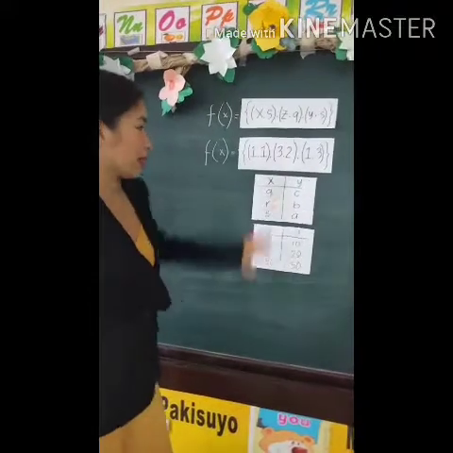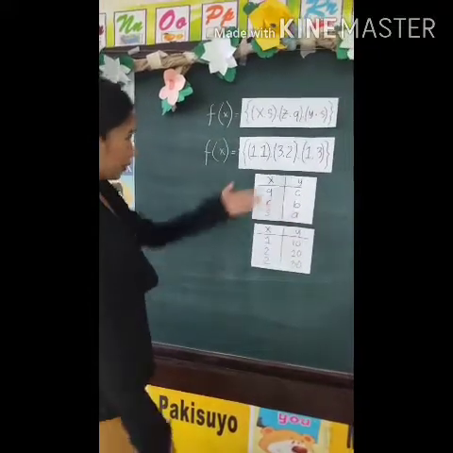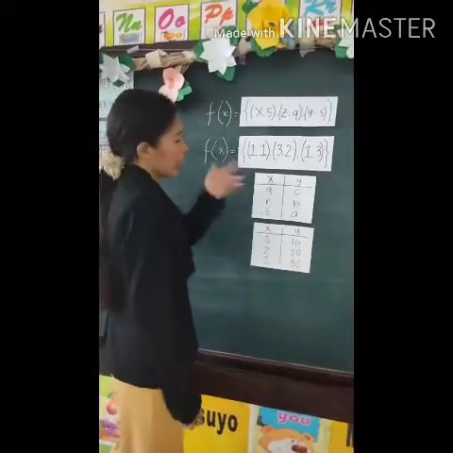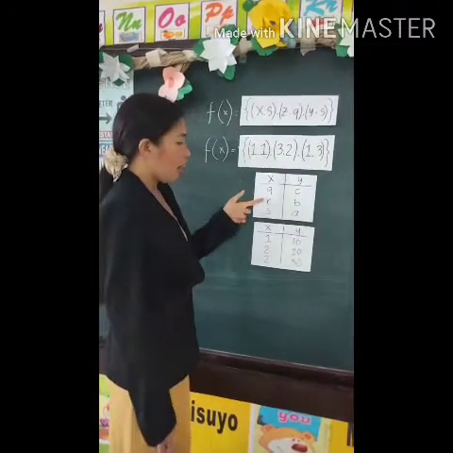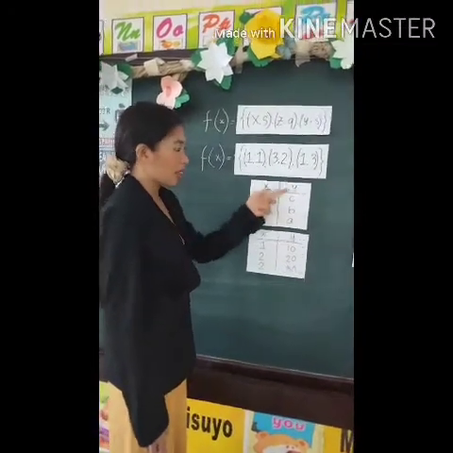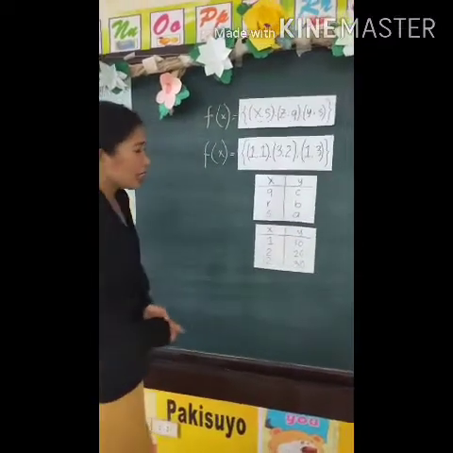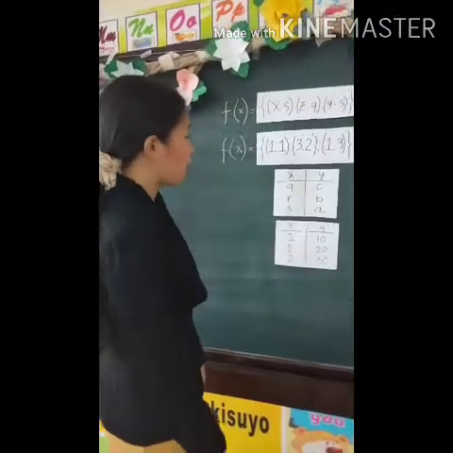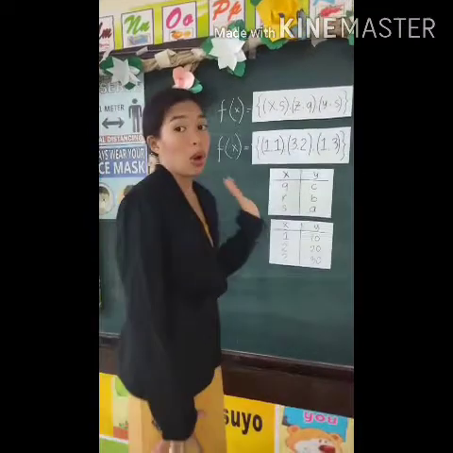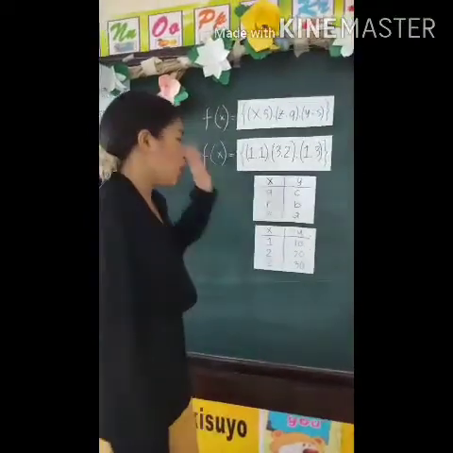So number 3, we have here the inputs A, R, and S, while the outputs are C, B, and A. As we can see, there's no repetition, so we call it a function.